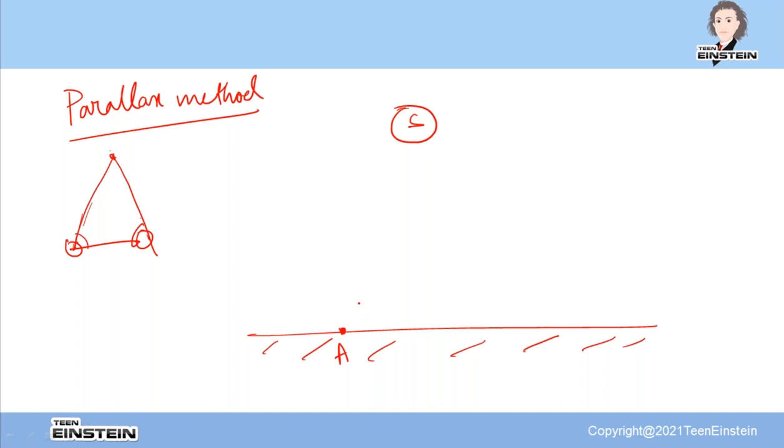Another position, suppose B. From here you see like this. The distance between these two, suppose, is small b. So AB is small b. I can measure the distance between these two positions on the earth surface.